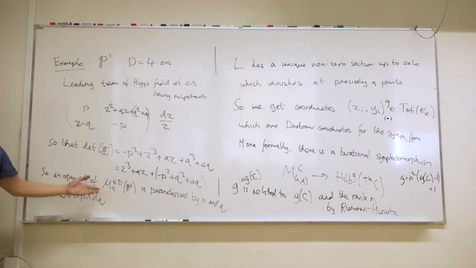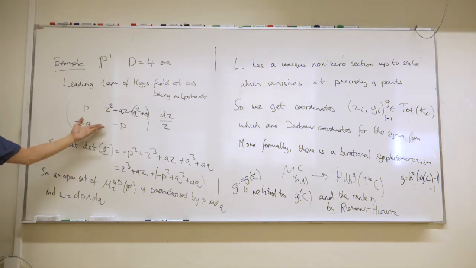So the open set that's being parameterized here is exactly those Higgs bundles for which the underlying bundle is trivial. So I can think of varying P and Q.